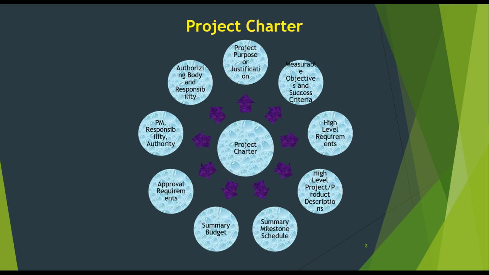In other words, the purpose of the project charter includes justification, measurable objectives and success criteria, high-level requirements, high-level project or product description, summary milestone schedule, summary of the budget, approval requirements, the project manager's responsibility and authority, authorizing body and responsibilities, etc. These are all the information that should be contained in the project charter.